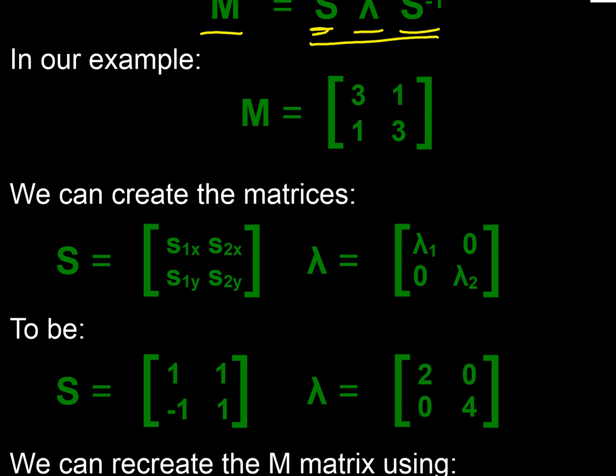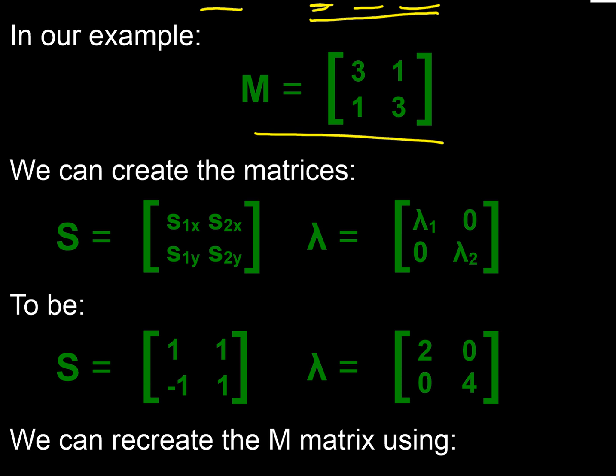Okay, so here's our matrix, and what we're going to do is create two matrices here, one of which is going to be our eigenvector matrix. In the first column, it's going to have our first eigenvector x and y values. In the second column, it's going to have our second eigenvector values.